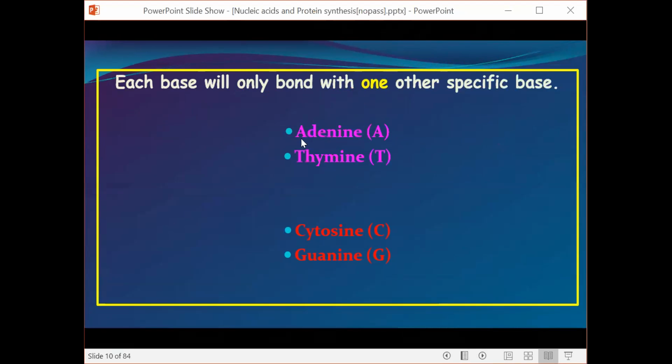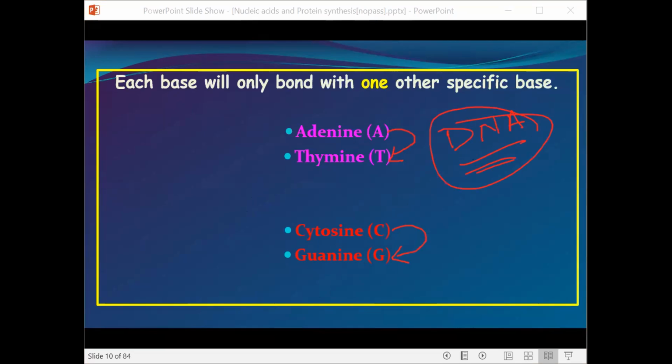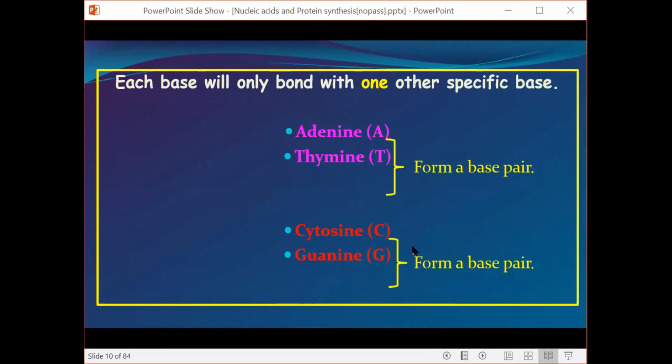As we had discussed earlier, the rule is that whenever there is a binding, adenine always binds with thymine. Cytosine always binds with guanine. This is specific only for DNA, what we are talking about right now, the blueprint, the genetic material. So adenine will bind with thymine and cytosine with guanine, forming a base pair.